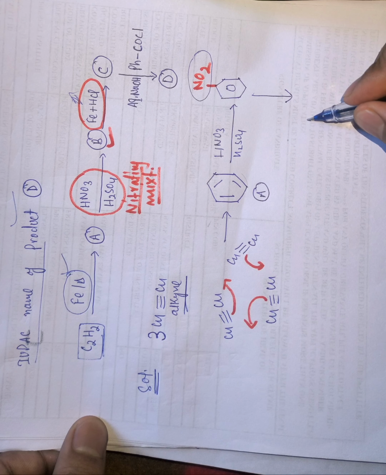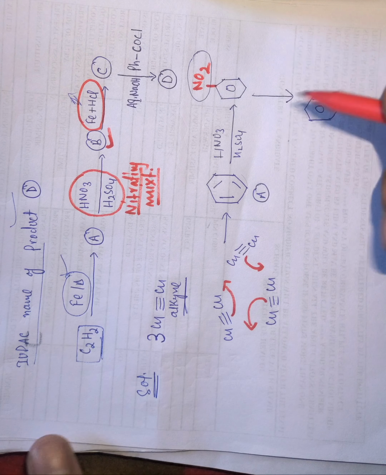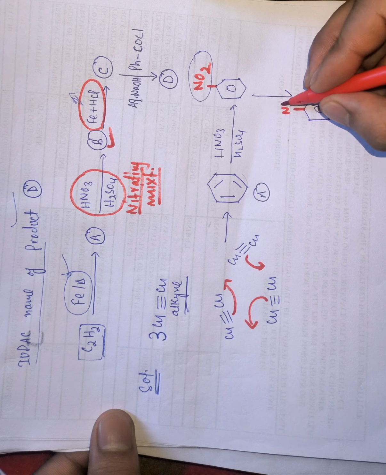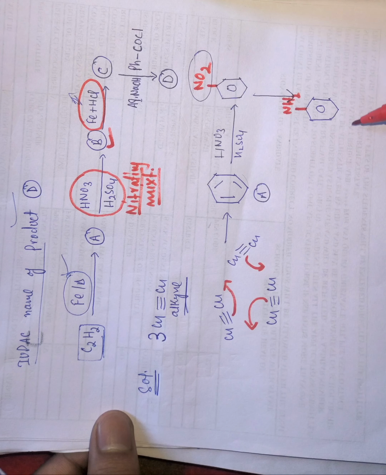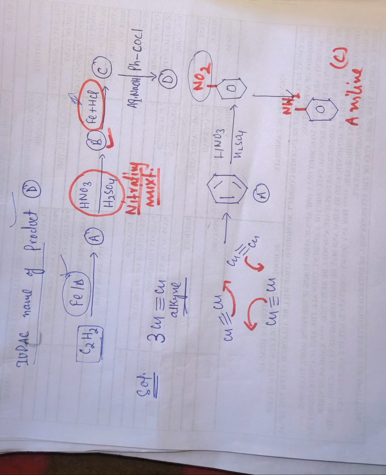So NO2 will get reduced to NH2. So aromatic amines are formed. So this is aniline. This is compound C, aniline, that is an aromatic amine.